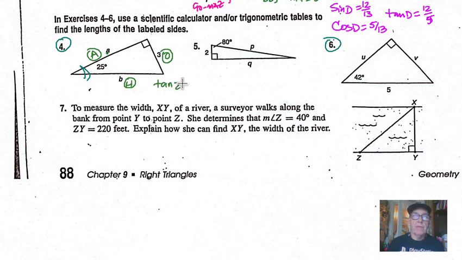Tan 25 is equal to the opposite, which is 3, over the adjacent, which is A. Now this is the pattern where A is in the denominator, so to find A, you're basically going to do 3 divided by tan 25.